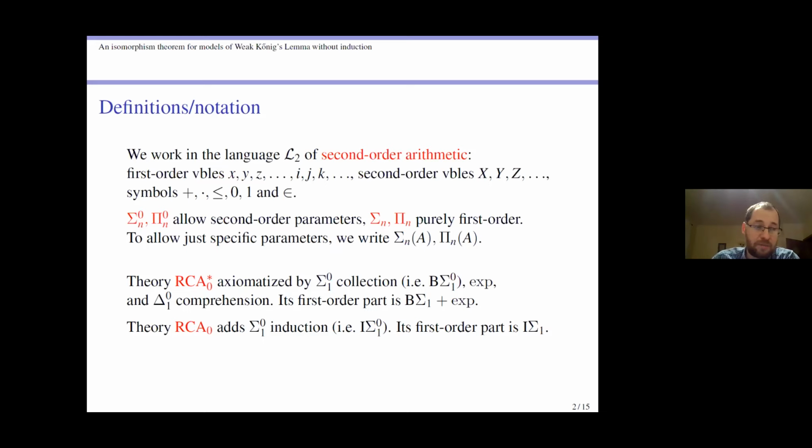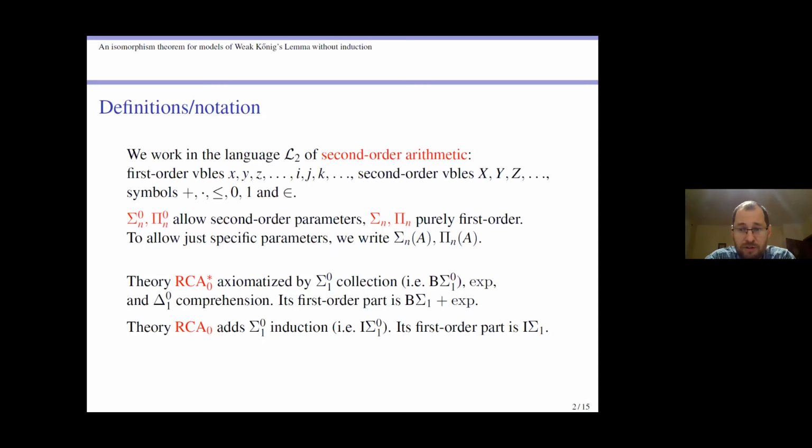It's the same thing in this context. We don't have sigma 1 induction, so it's sigma 1 collection, delta 0 induction, of course. We have totality of exponentiation as an axiom, or you can have the exponential function as an extra symbol in the language, doesn't matter too much. And we have delta 1 comprehension. So we have comprehension for recursive sets, possibly with parameters that are already known to be sets.